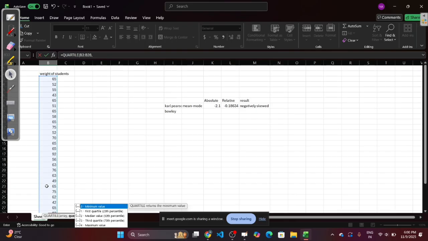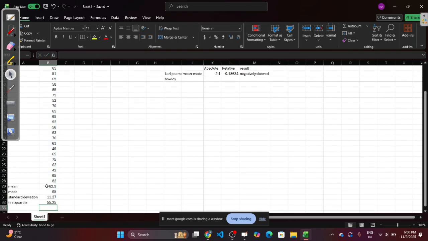Then which quartile do you need first? You have to enter 1. Then enter. So this is the first quartile.